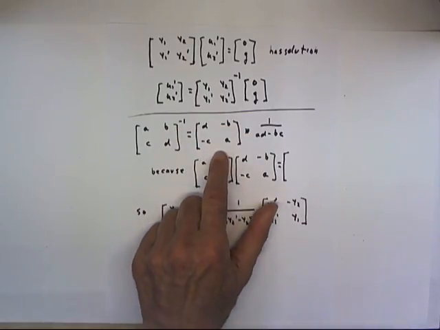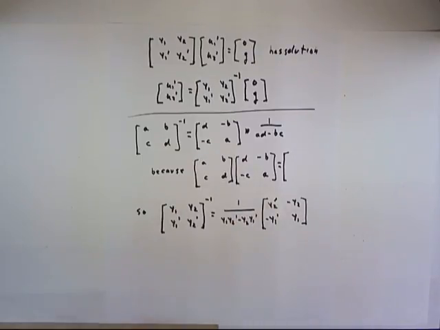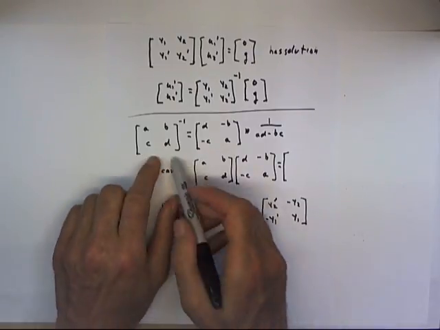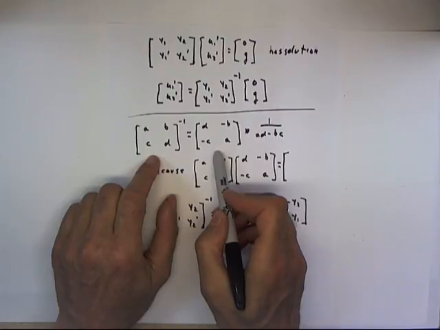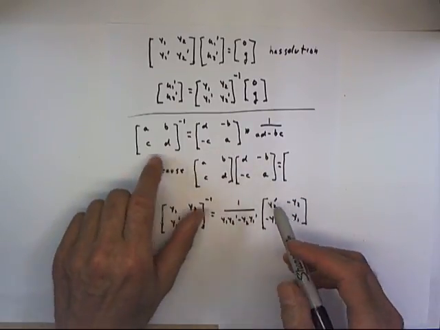Now that's not a very sophisticated method. It doesn't translate over into higher dimensions because of course we can end up with matrices of 3 by 3, 4 by 4, etc. We can end up with much bigger matrices, and this method is not going to work for those bigger matrices. For bigger matrices, you're probably going to use row reduction or some semblance thereof in order to invert a matrix.